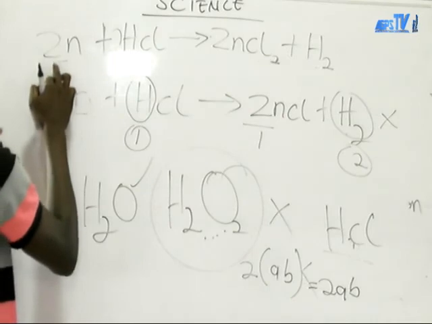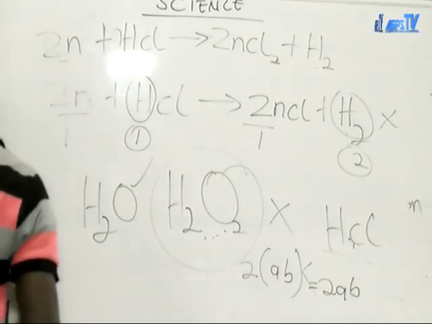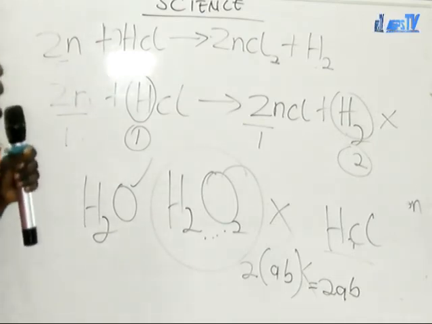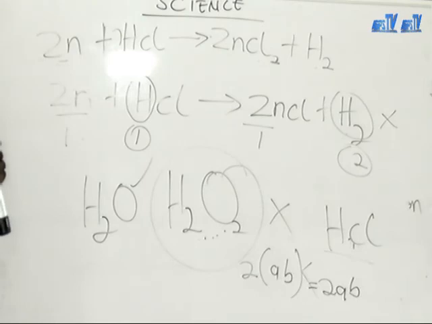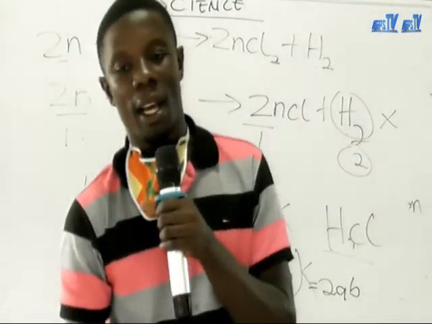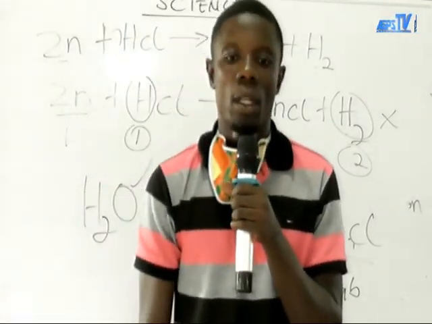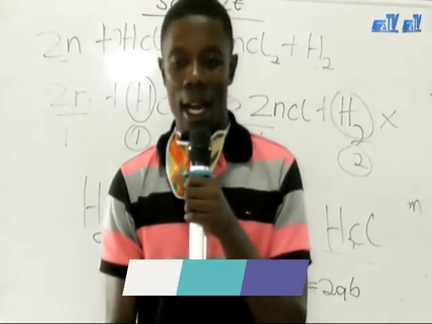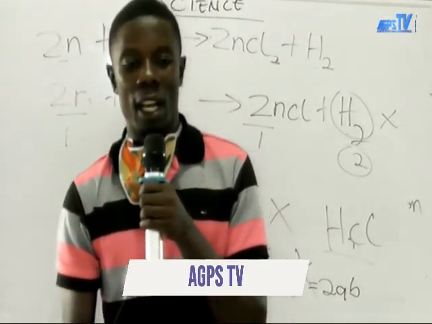Here we also have 1 atom of zinc. I want you to pay attention. This one is not difficult. So anytime an acid reacts with a metal, you get salt and hydrogen gas. I want to take my time and explain this one.